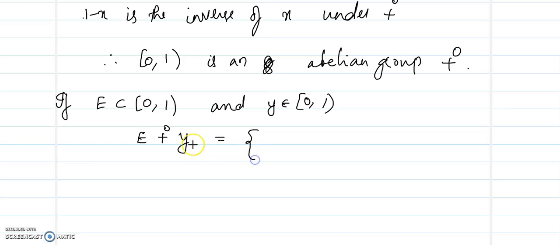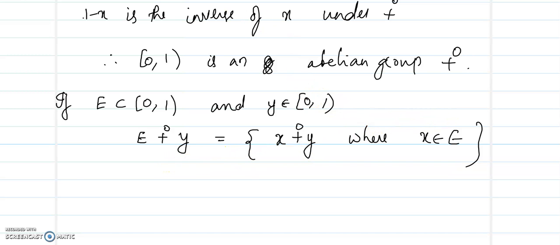E plus y means: take all x in E. So if you have a set E which is a subset of [0,1) and y belongs to [0,1), then E sum modulo 1 y is defined to be the set of x sum modulo 1 y, where x belongs to E. That is how we define the set E sum modulo 1 y.